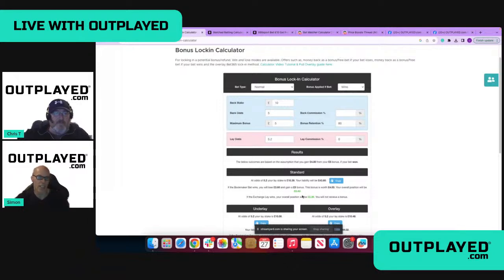You can see you can lock in a profit, which means that if you backed and laid it for a small qualifying loss and hoped that the bet won, it would be a value bet. So let's say you're backing and laying a £10 bet using the standard calculator. You get a £5 bet if it wins. You can lock in a profit on it, so therefore it's going to be worth doing. It's going to be plus EV basically to do the bet, even if you're not using the bonus locking calculator.